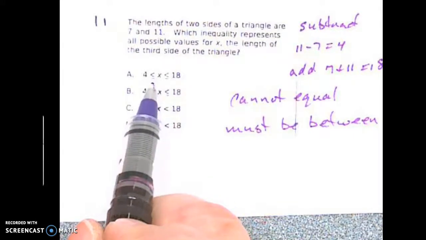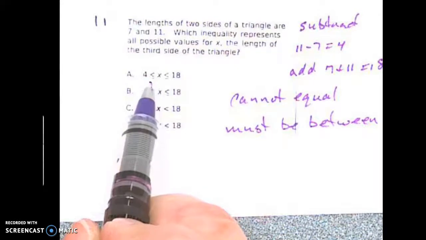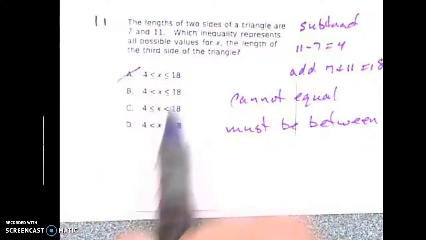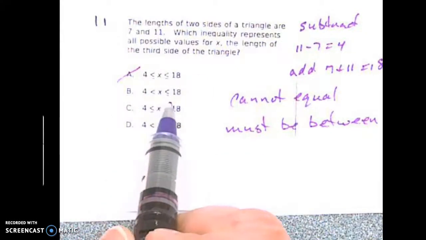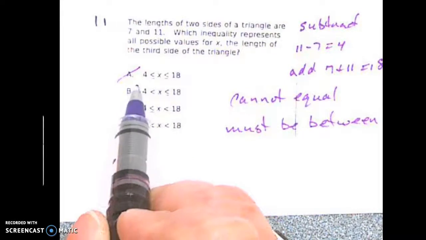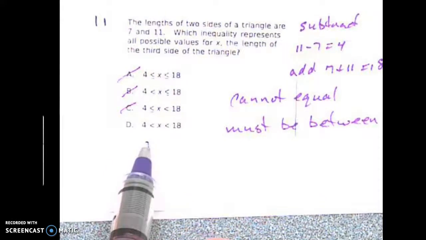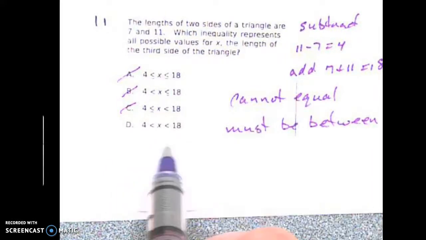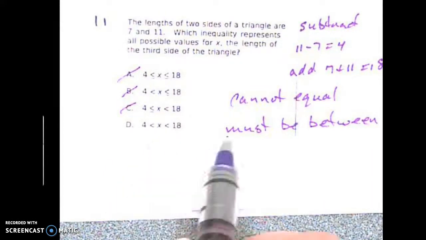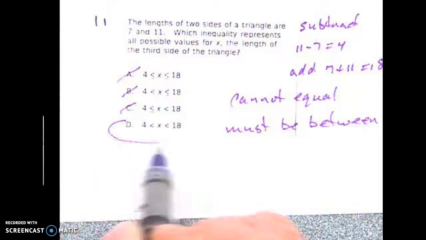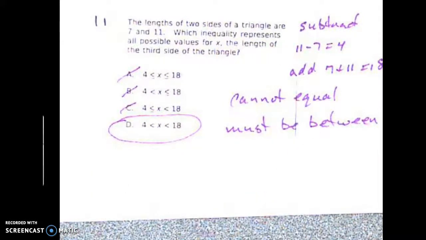I don't want that equal to part. Anytime the symbol's underlined, it means equal to. Can't have that. Answer choice B, one of the symbols is also an equal to. Answer choice C, one of the symbols is equal to. The only one that cannot equal, x is only between 4 and 18, is answer choice D.